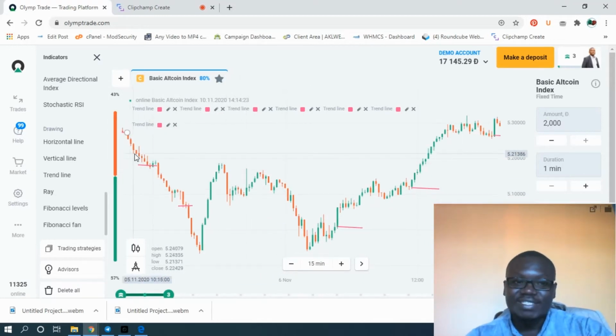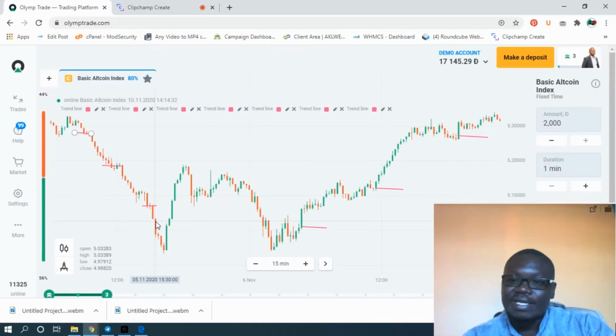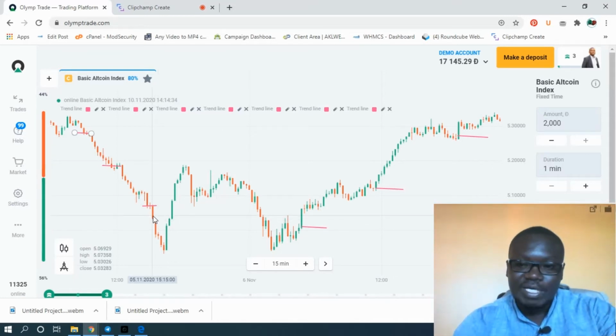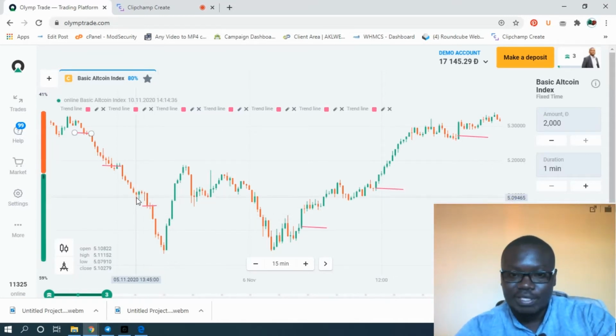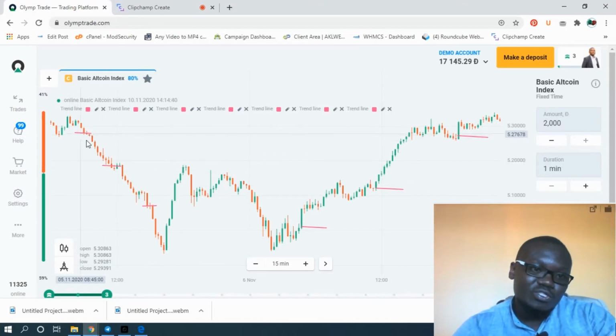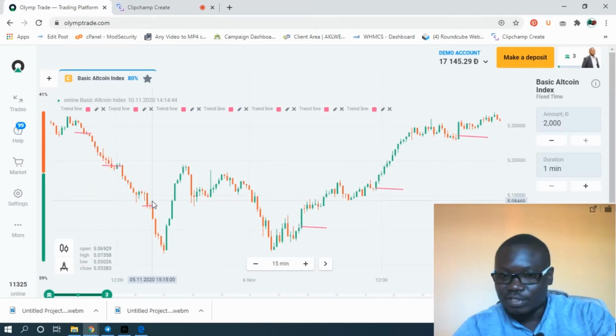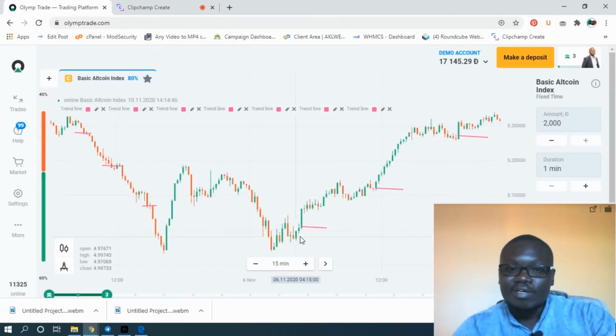If we look at this chart right now, we can already see that this is a downtrend. This is just by using price action to pick the direction of the trends. If we look at these swing points, we can see that it is a staircase that is falling, so this is a downtrend. If we look at it on this other side, this is a staircase that is rising, so this is an uptrend.